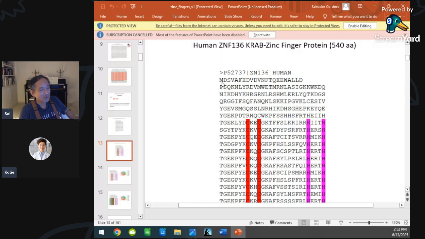So like M would represent methionine, D for aspartic acid, I think, S for serine, V for valine. Can you see my pointer, by the way? I can, yeah. Okay. A is for alanine, F is for phenylalanine, E is for glutamic acid, D aspartic acid, et cetera, et cetera.